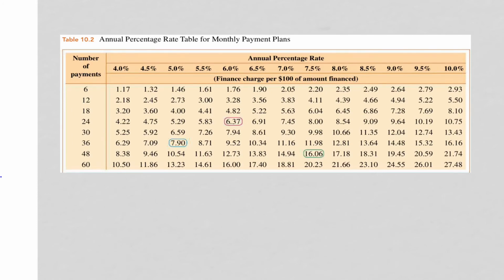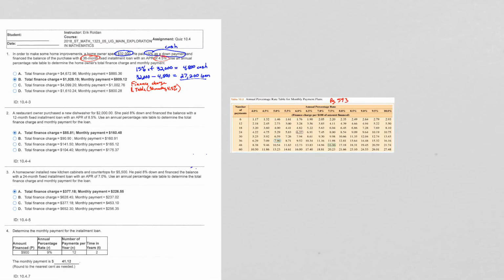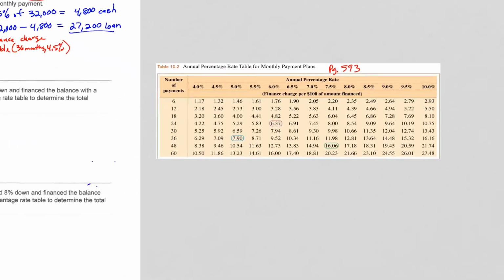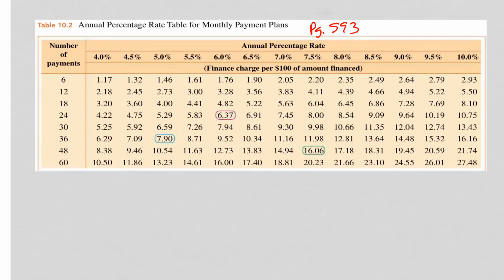So by the way, this is page 593 in your textbook. You will have this on the test. So, my bad, 36 months, 4.5. So there's 36. There's 4.5.